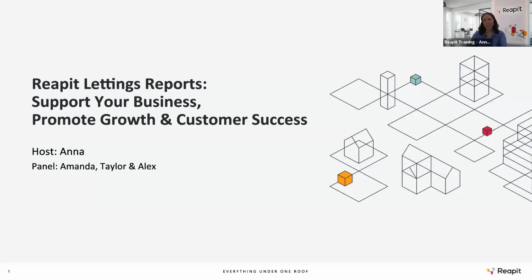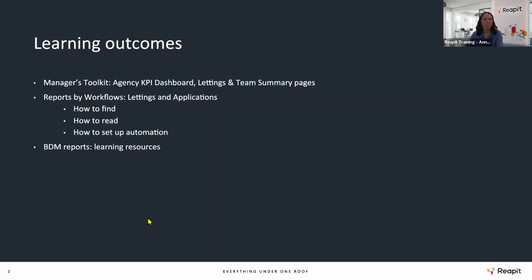So in our session today, we are going to cover a few things. We'll start with the Manager Toolkit, your agency KPI dashboard. We will also have a look at your lettings and team summary pages. Then we will proceed to the reports by certain workflows.